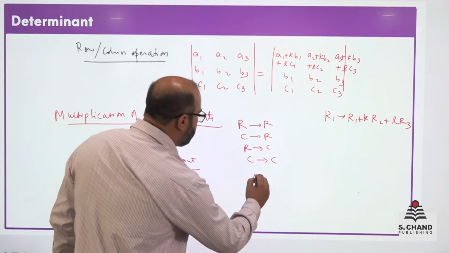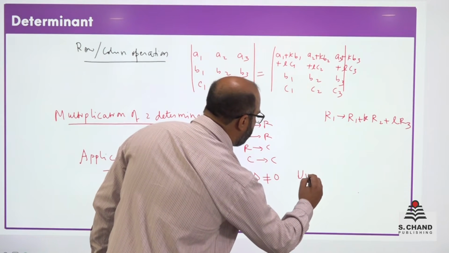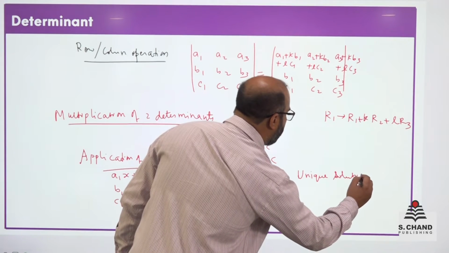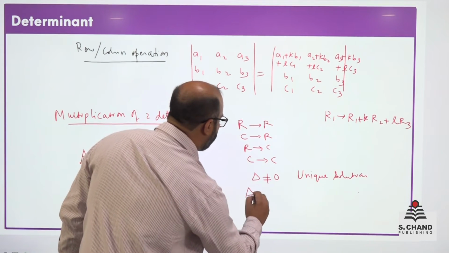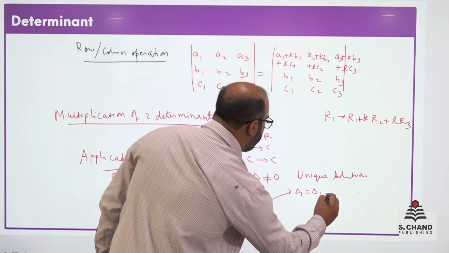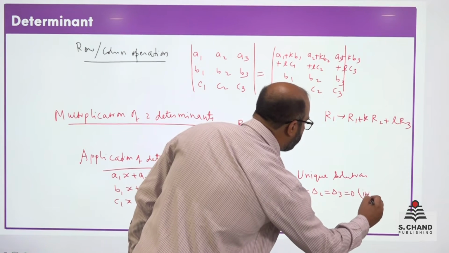If delta is not equal to 0, then there is a unique solution. Whereas if delta is equal to 0 and delta 1, delta 2, delta 3 are also all equal to 0, then there are infinite solutions.